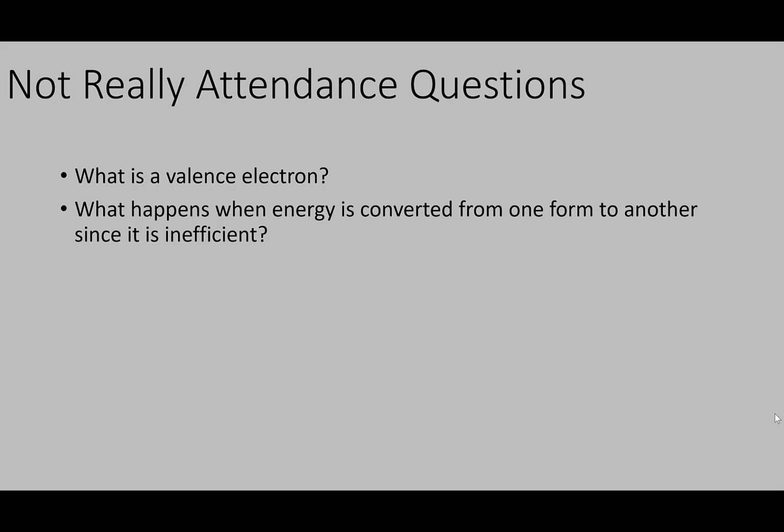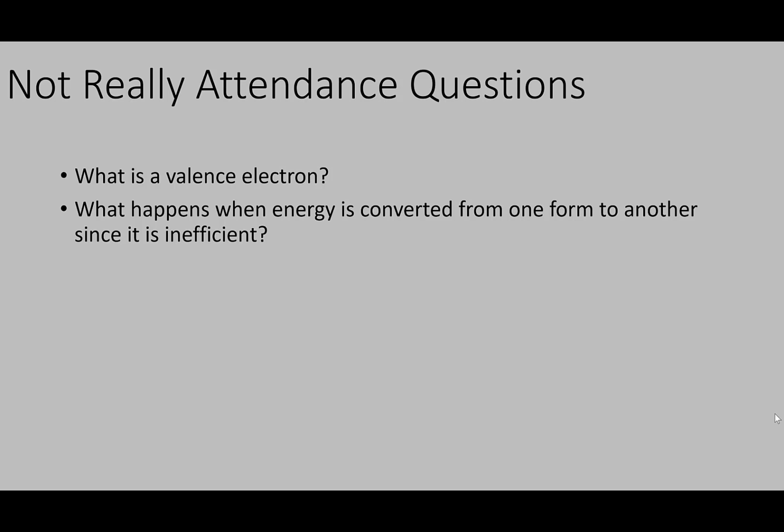Depending on how many shells the atom has, it could be the first shell, it could be the second shell, it could be the third shell, and on and on. It's just whatever the outermost shell is, that is the valence shell, and the electrons that are found in that outermost shell are valence electrons. Those are going to be very important in today's lecture.